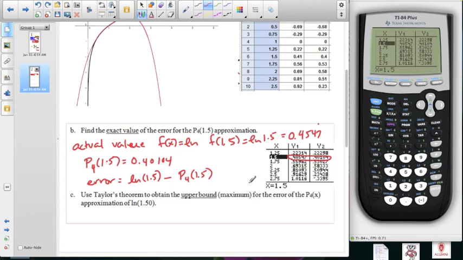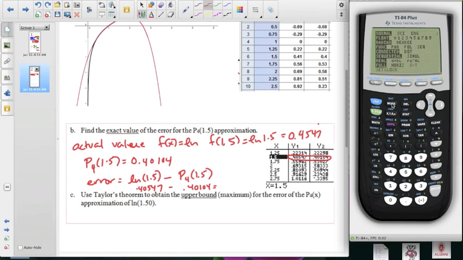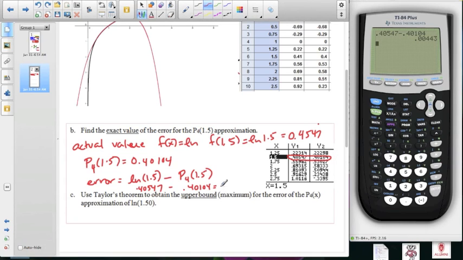we end up getting the natural log is 0.40547. The approximation is 0.40104. So when we subtract those two, 0.40547 minus 0.40104, there's a difference of 0.00443.